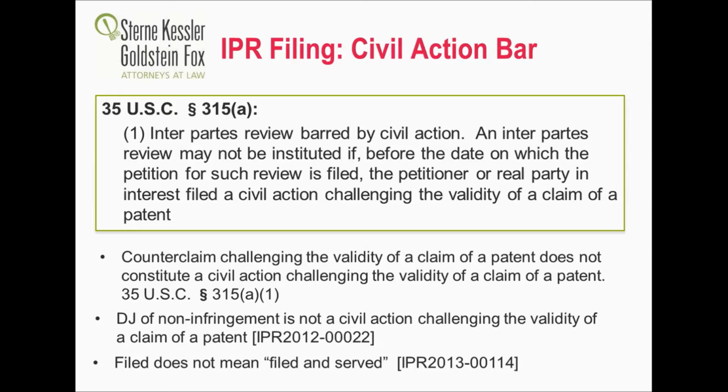So the idea behind the one-year bar is to avoid the scenario that we often saw in inter partes re-exam, where there is a great diversity in the degree to which the underlying enforcement actions in the inter partes re-exam, or ex parte re-exam for that matter, were overlapping, and this is designed to prevent that and get them more on the same track.